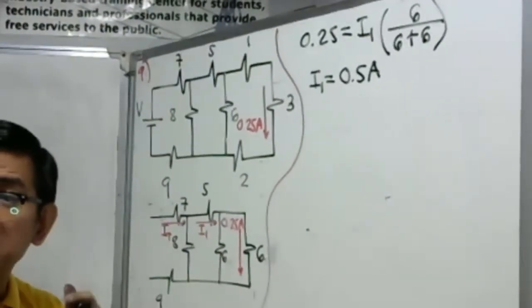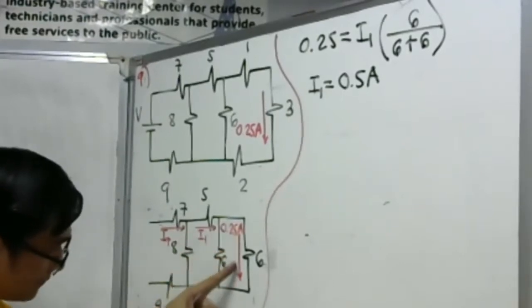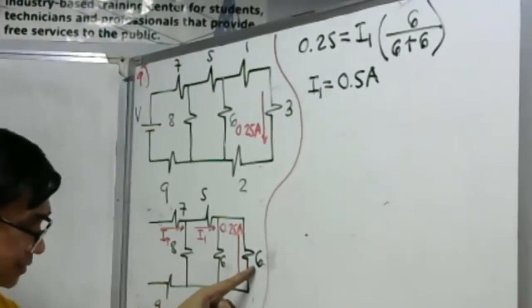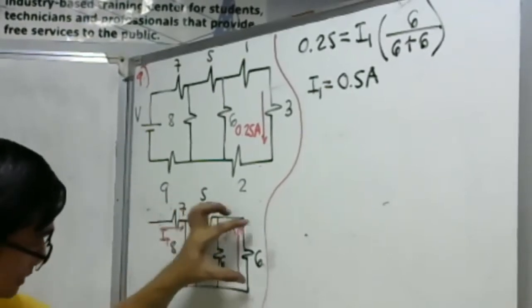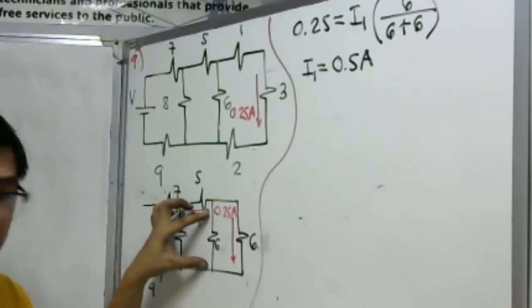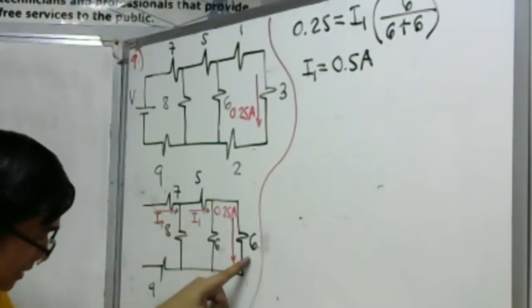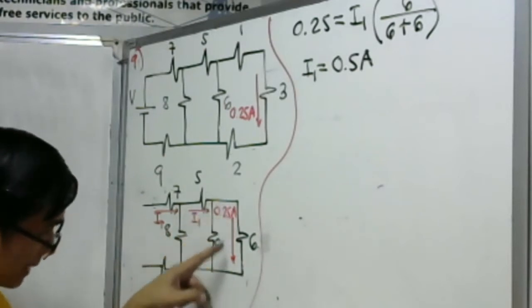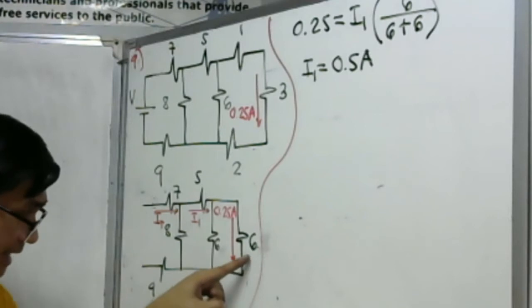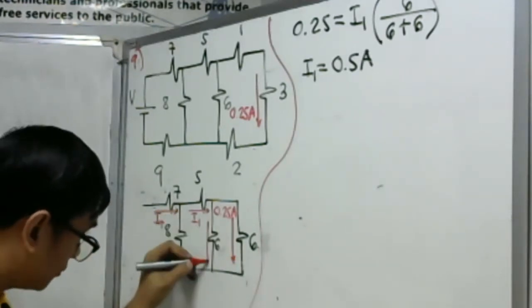They are connected in parallel, right? They have the same voltage. If this is 6 ohm in parallel with another 6 ohm, and the current flowing is 0.25 ampere in this resistance, of course there's also 0.25 ampere flowing here.